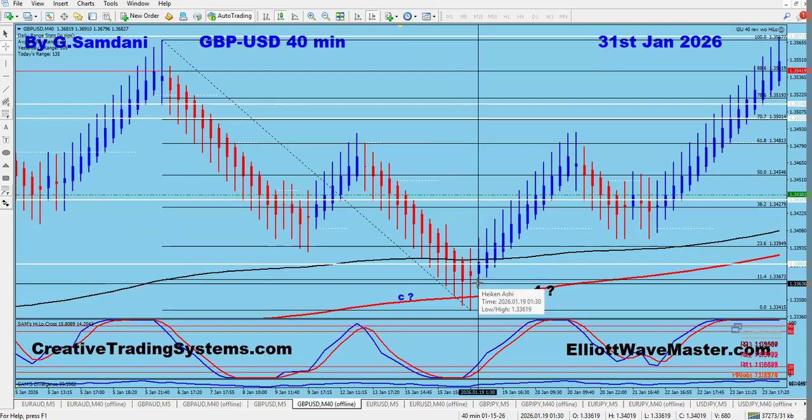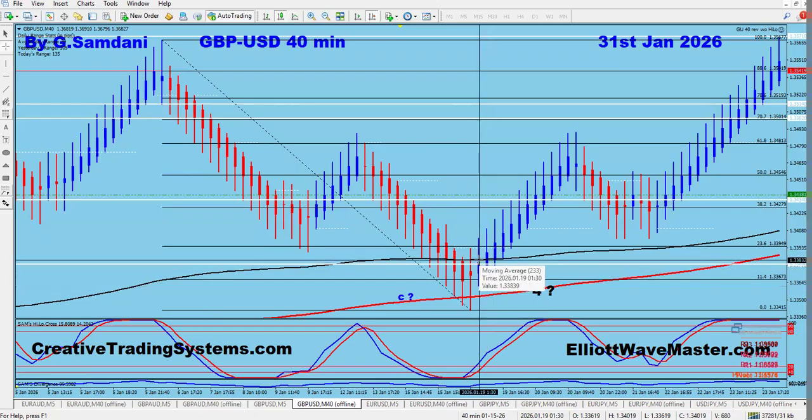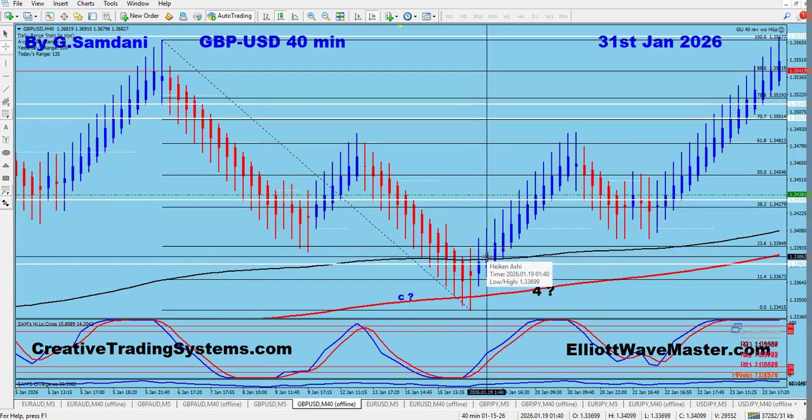So the high of the first blue candle is 34.01, and the high of the next blue candle is 34.09. So 9 minus 1 is 8. After 8 pips, these blue candles are now printing.